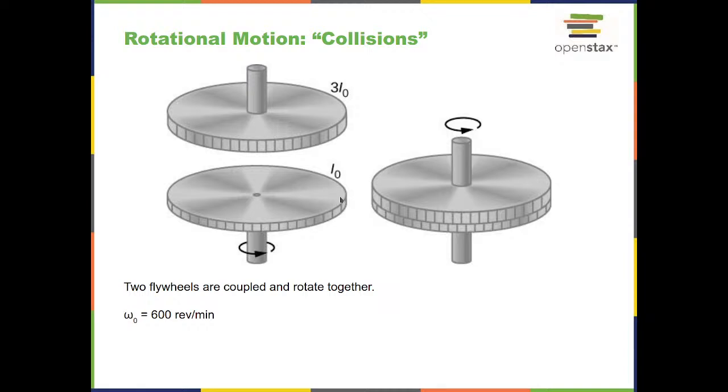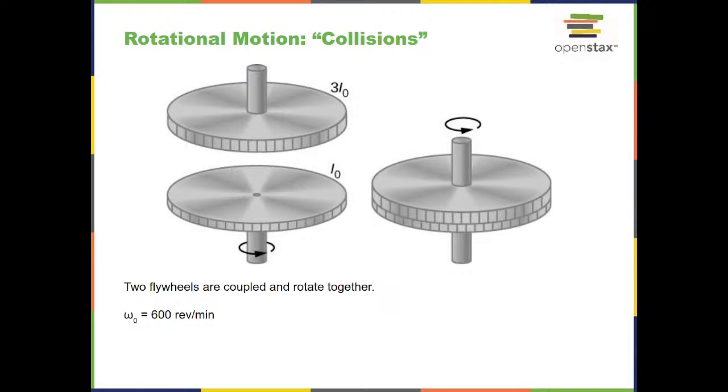The rotating flywheel gets stuck to the flywheel at rest, or the flywheel at rest is brought in touch with the rotating one, so that from that point on, they're rotating together. Consider them covered with Velcro, so as soon as they're stuck together, they rotate together.